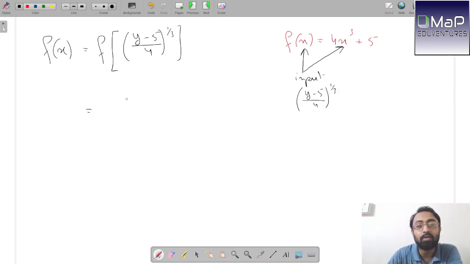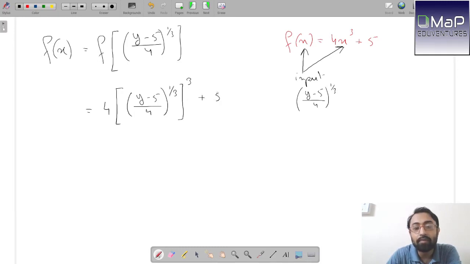Put this expression in, so you will get 4 times y minus 5 by 4 whole to the power 1 by 3 whole cubed plus 5. Now the cube cancels the power, so you have 4 times y minus 5 by 4 plus 5. The 4s cancel, y minus 5 plus 5, that means you are going to get y.